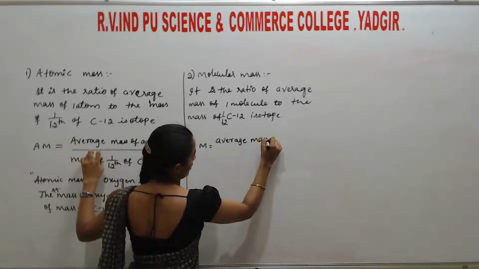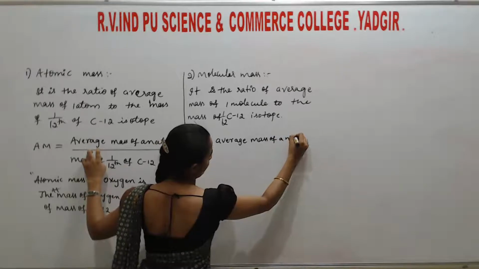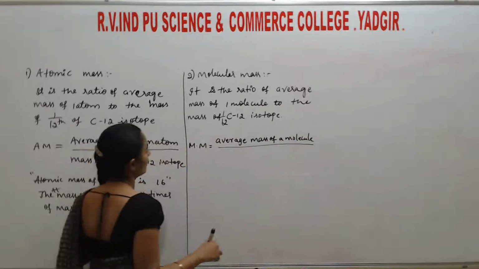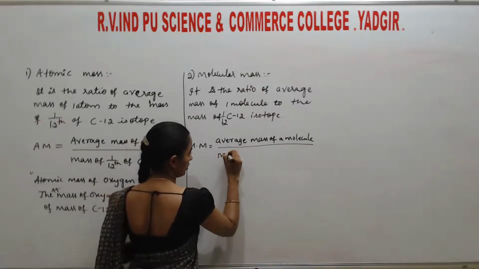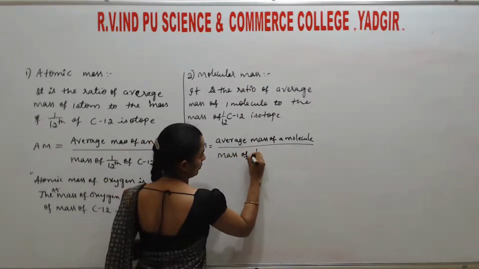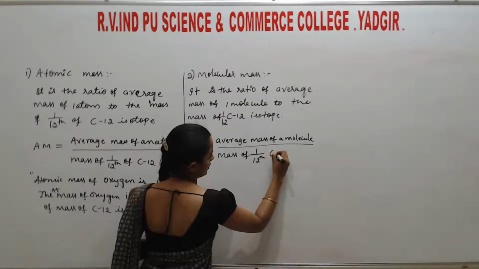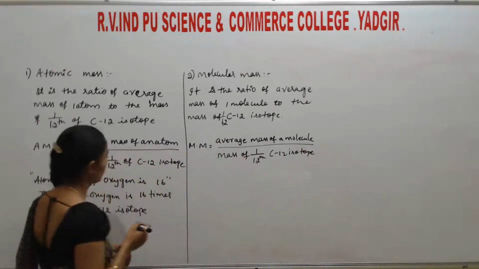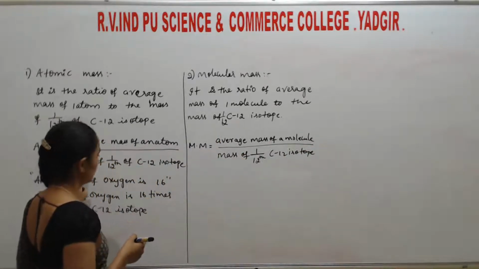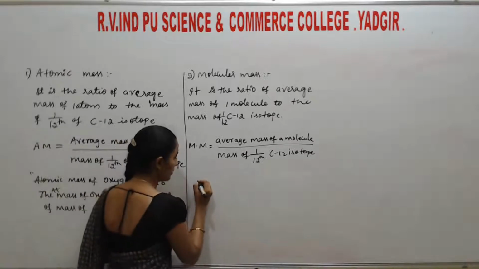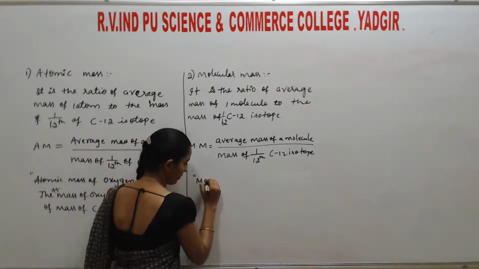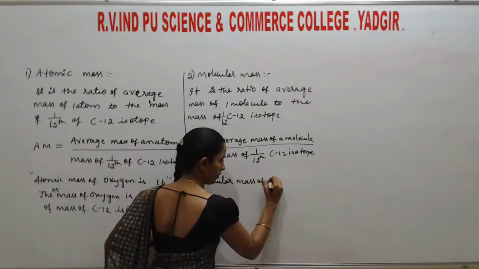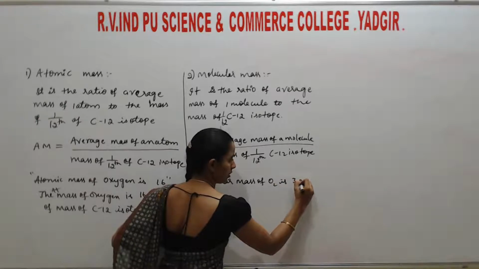average mass of a molecule divided by, what is it, the mass of 1 by 12 of the C12 isotope. So here what it says, molecular mass of oxygen is 32.